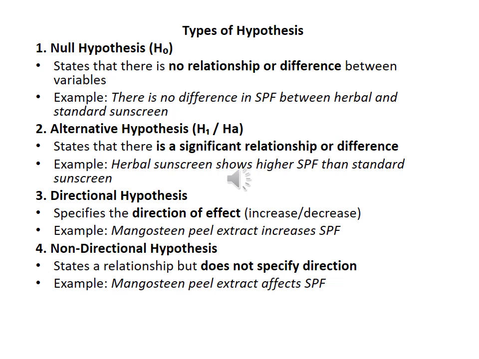The directional hypothesis in this example says smoking increases the chances of lung cancer, whereas the non-directional hypothesis says smoking can affect development of lung cancer. So these are the four types of hypothesis: null hypothesis, alternative hypothesis, directional hypothesis and non-directional hypothesis.